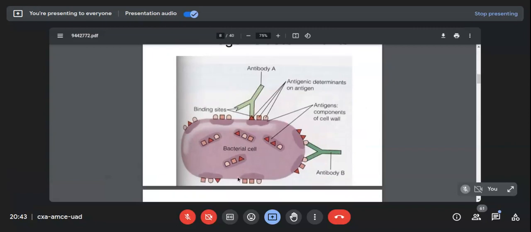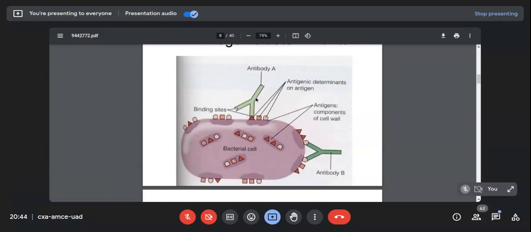So to give you a glimpse of what I'm saying, imagine this is an antigen. I hope you have seen my cursor. These triangle shapes on top of this, all these are what we are calling determinants on the antigen.